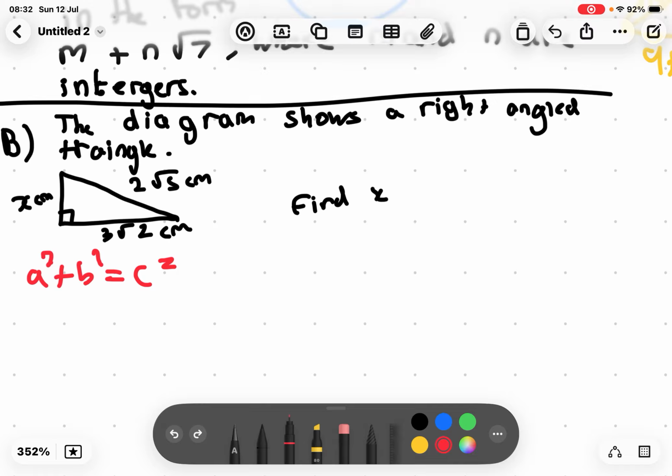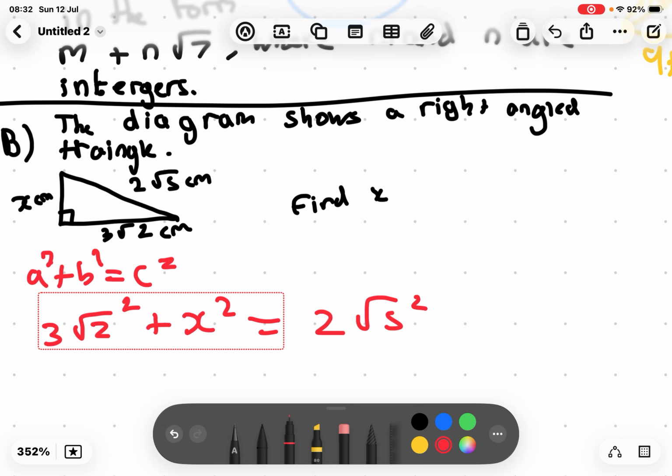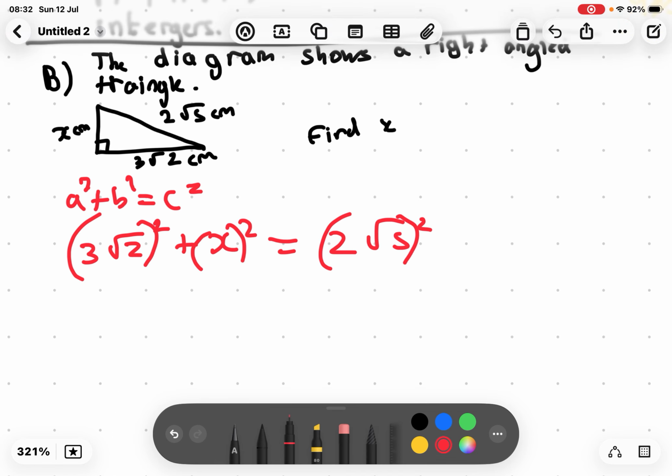So basically, we have 3 plus x squared equals 2 root 5 squared, and we can put it in brackets. And so 9, 18, x, so that would be 2 x's, right?